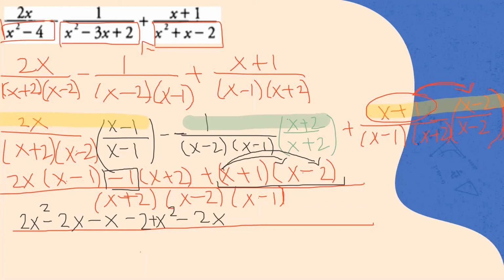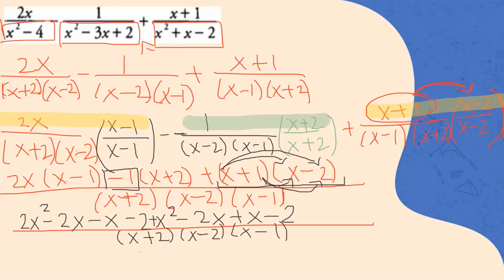And now I multiply the 1 with x, and I multiply 1 with -2. 1 times x gives me x. 1 times -2 gives me -2. Right? And once you do that, you have simplified the top. Now you bring down your denominator. So that's your denominator in there.